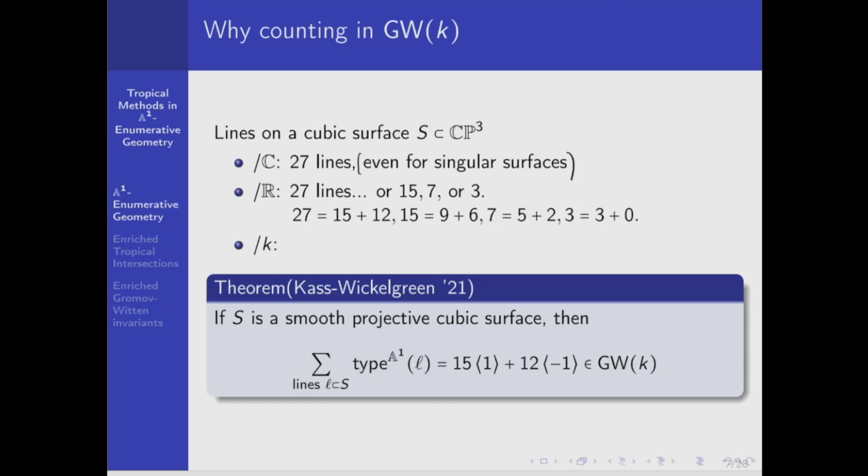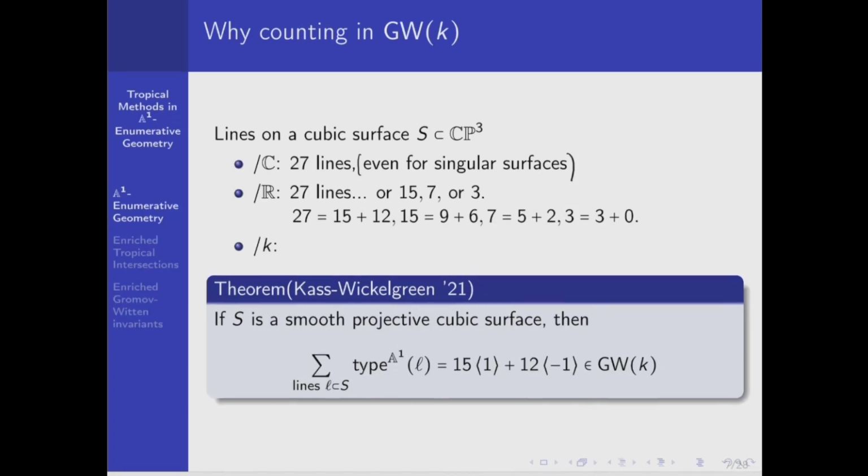And then there is a theorem from Segre from the 40s, so 80 years ago. So it's classical, but not that classical, I guess, that tells us that the difference is always 3. And then there is a generalization of this statement.